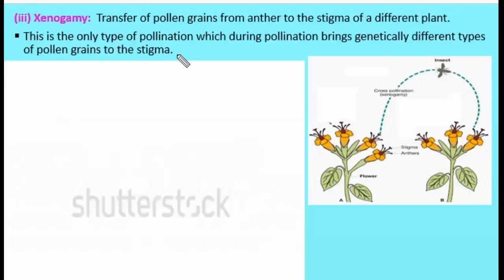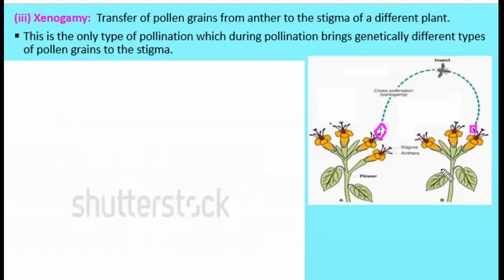Then the third type is Xenogamy. What is Xenogamy? It is the transfer of pollen grains from anther to the stigma of another flower which is present on a different plant. Look at this. This is one plant and this is another plant. Here the pollen grains of this flower are transferred to the stigma of this flower.